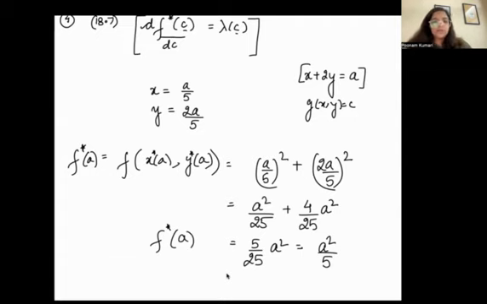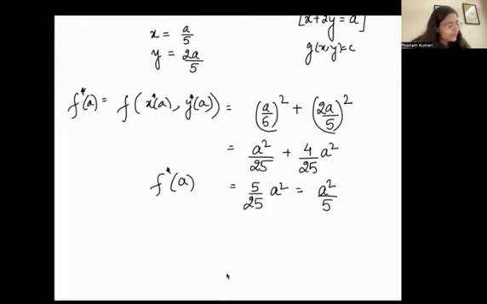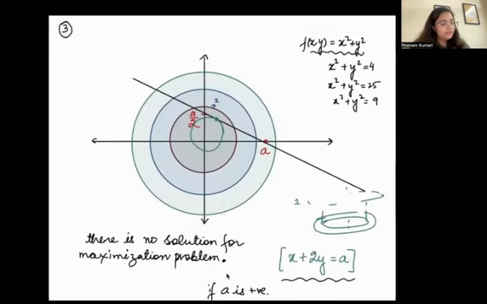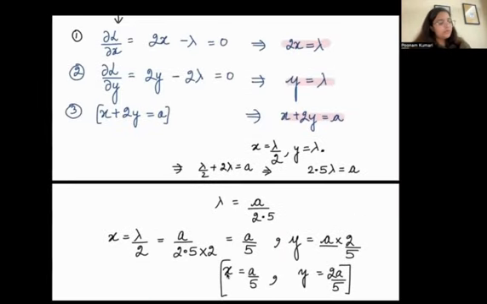So now what am I supposed to do? I have to differentiate it with respect to a. So if you differentiate f*(a) with respect to a, what do you get? 2a by 5. Is that value equal to lambda? Yes, it is.